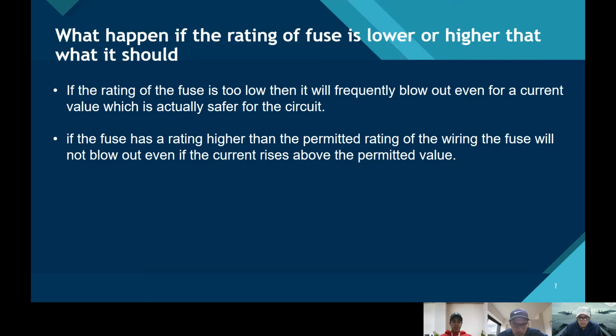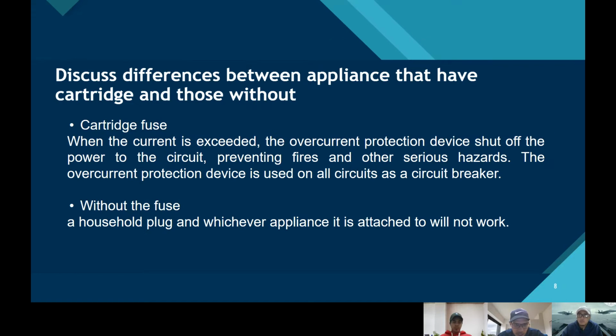The next question is, discuss the difference between appliances that have a cartridge fuse and those without. If the appliance has a cartridge fuse and the current is exceeded, the overcurrent protection device shuts off the power to the circuit, preventing fire and other serious hazards. The overcurrent protection device is used on all circuits as a circuit breaker. With this statement, we can understand that a cartridge fuse has a big function in the appliances at home.